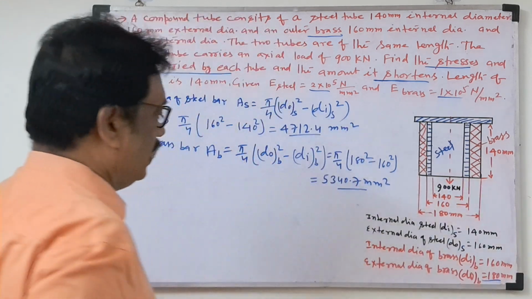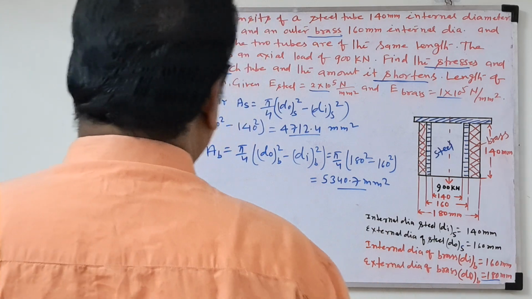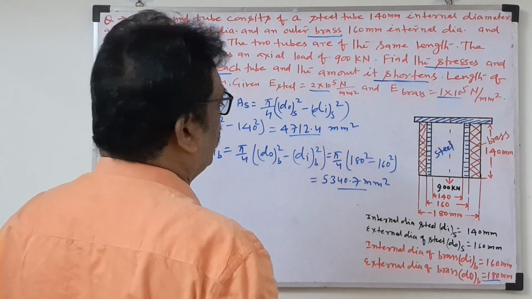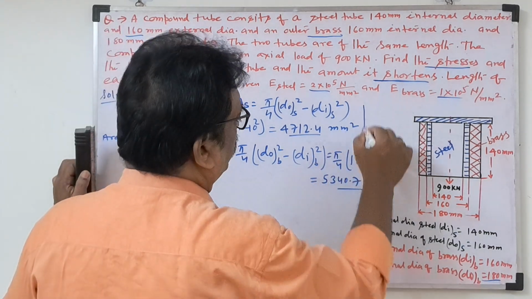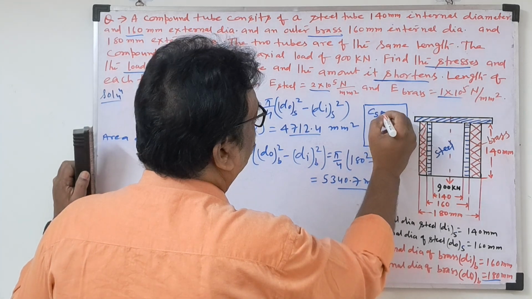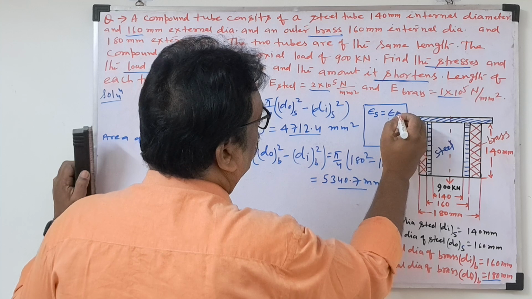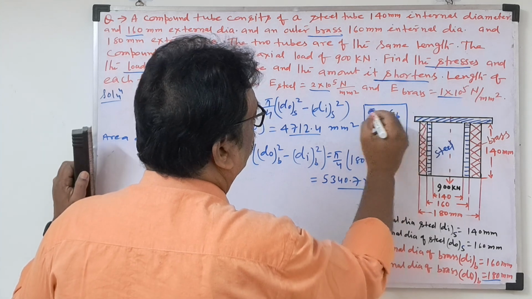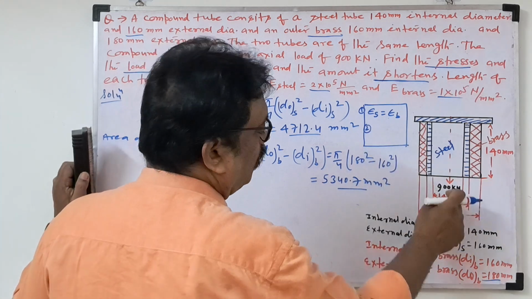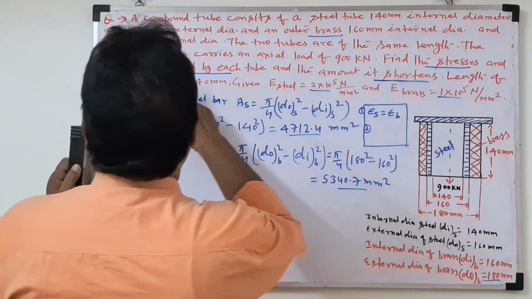So the areas are calculated. Now we have to calculate the stresses. What are the conditions for a composite bar problem? Two conditions will always be there. Condition 1: the strain of the steel will be equal to the strain of the brass. Condition 2: the load carried.